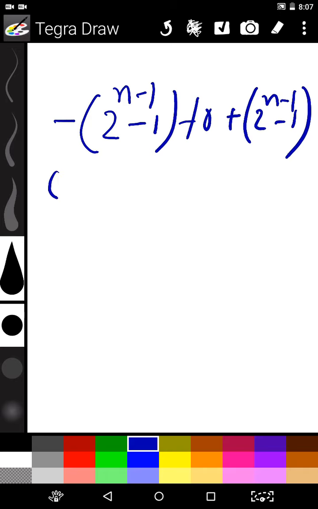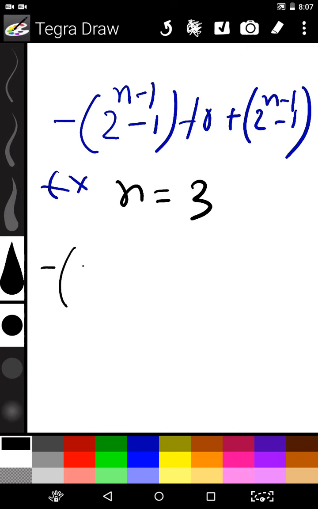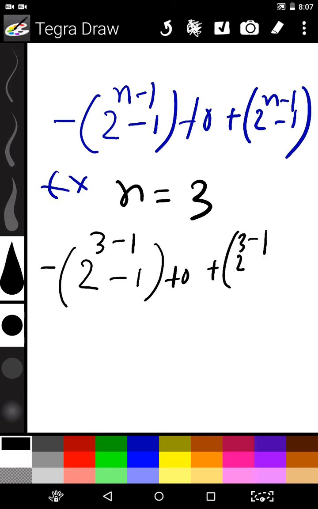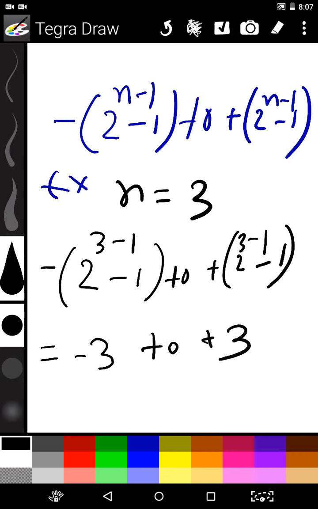For example, for n equal to 3, the range is -(2 to the power 3 minus 1, minus 1) to +(2 to the power 3 minus 1, minus 1). That is 2 squared, which is 4, minus 1, that is 3. So -3 to +3 can be used for 3-bit representation.